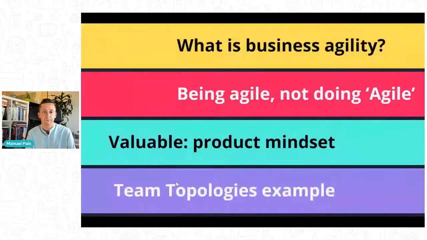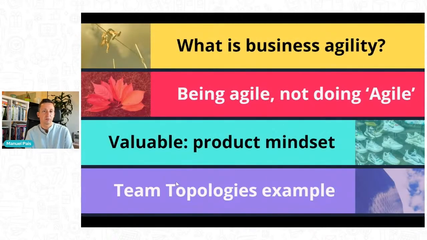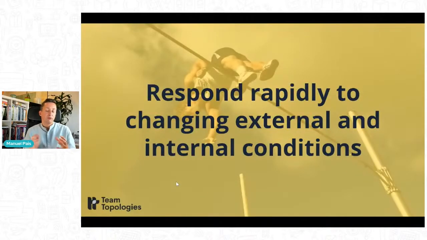which we're really thankful for. And so just to sum up what we have seen, we've seen that business agility really means responding rapidly to changing internal and external conditions.